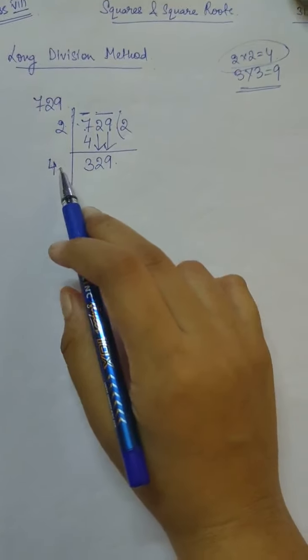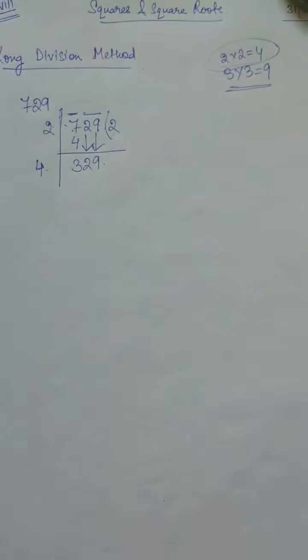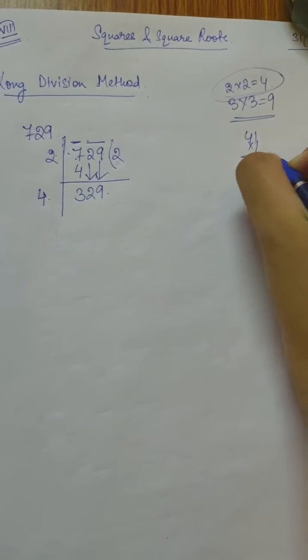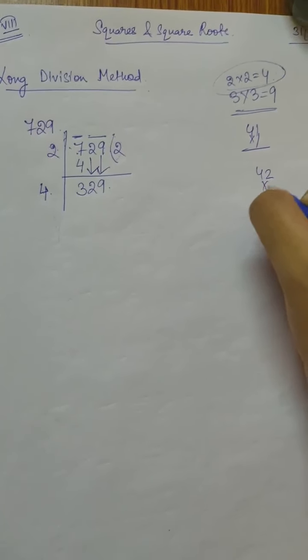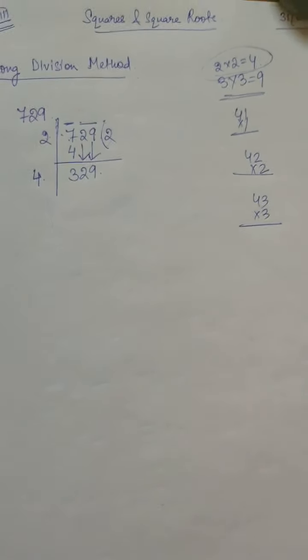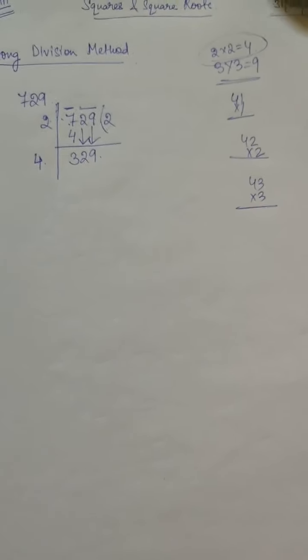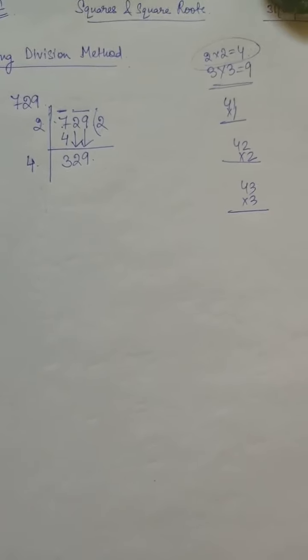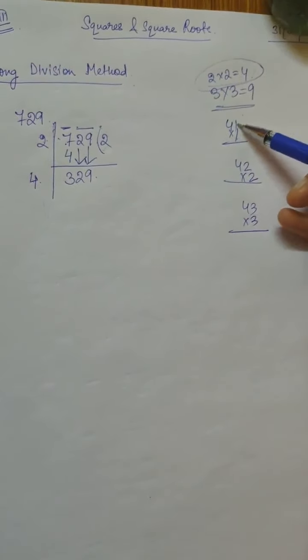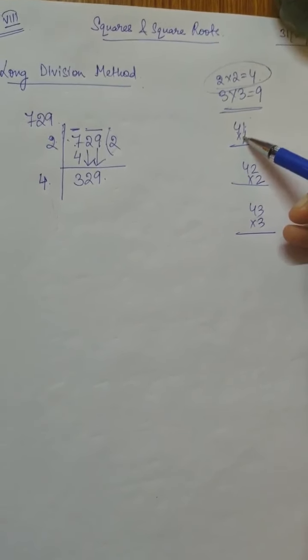Now we have to see which number, with 4 in front, squared gives us 9. You always have to take 41 into 1, or you can take 42 into 2, or you can take 43 into 3. Like this you have to take. You cannot take 41 into 2 or 41 into 3. No, you have to take 41 into 1. Whatever number you are taking here, you have to take the same number here.